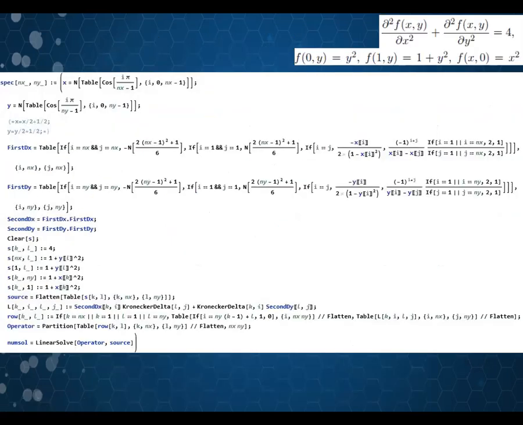And as an example, consider this equation with these boundary conditions. This is the form of implementation of the mathematics, and you can see the results.